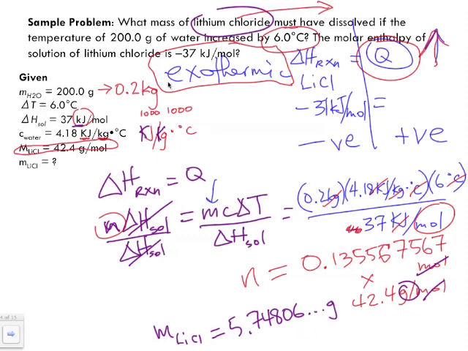But the least number of significant digits in my question is 2. So this 5.7 is my 2 significant digits. So the mass is equal to 5.7 grams. In other words, the mass of the lithium chloride that's required to raise the temperature of the water by 6 degrees Celsius when it dissolves in the water is going to be 5.7 grams.